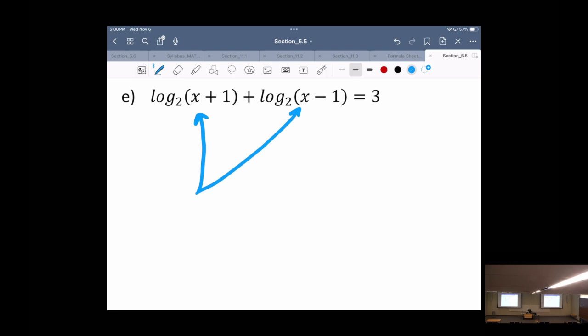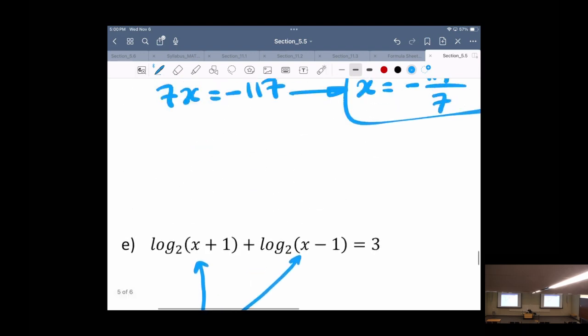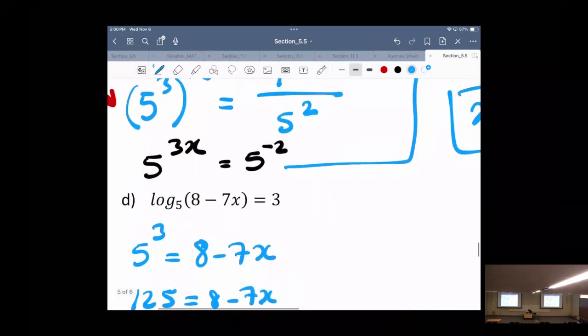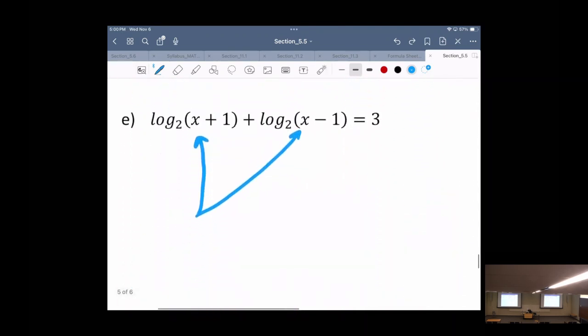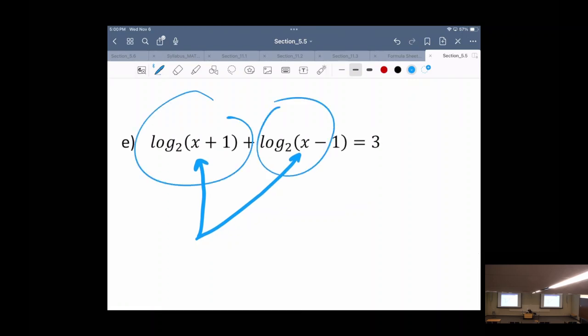But x is happening in 2 log expressions, not 1, in 2. So it won't help us if we do what we did before, which is convert the expression into an exponential form. If you have just 1 log expression, it would work. But if you have 2, it's not going to work.